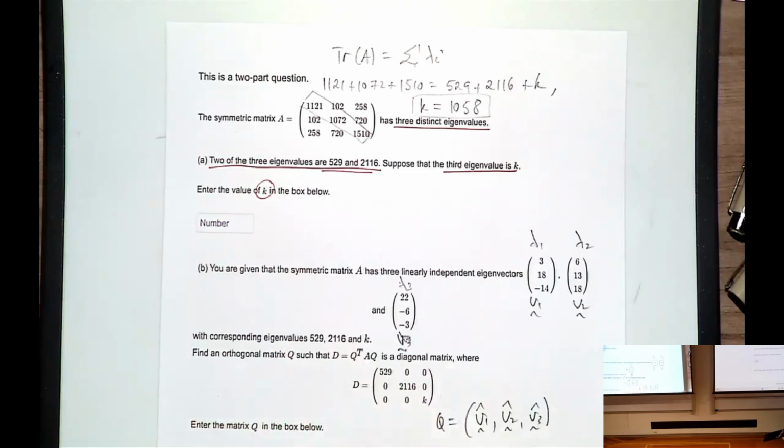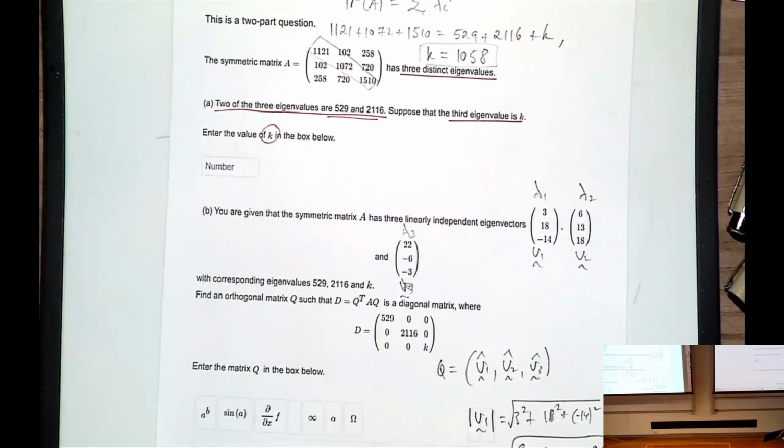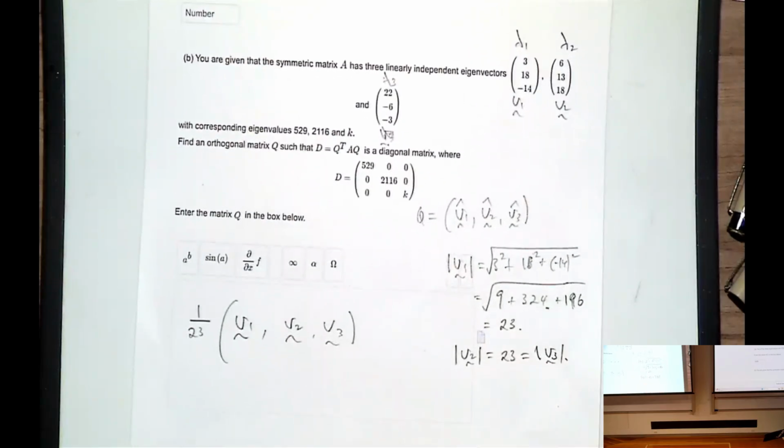Find an orthogonal matrix. So for this one, it's super easy. You're basically writing those 3 eigenvectors as columns in this new matrix Q, and you're normalizing each of the eigenvectors. Okay. Now they all have the same length. It's handy. That's convenient, right? So you only have to calculate one thing.